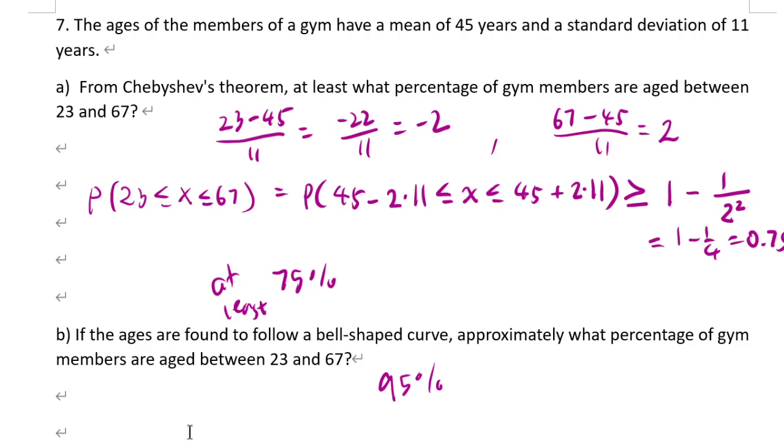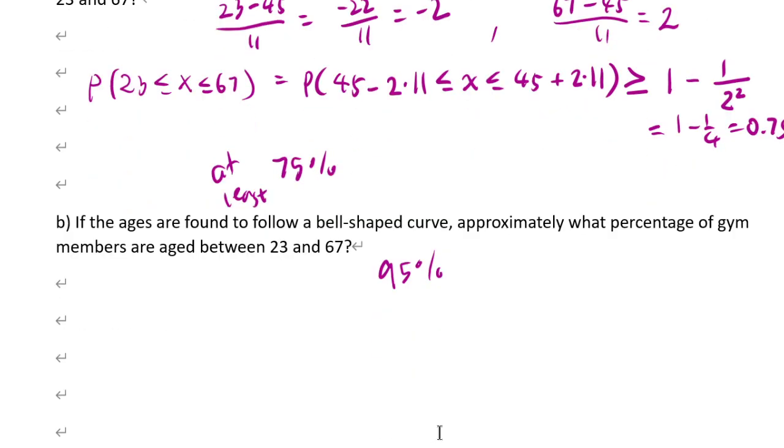If you only look for 1 standard deviation below and above the mean, it's 68%, and 95% of the data will fit between above and below 2 sigmas, and 99.7% of the data will fit between below 3 sigma to above 3 sigma from the mean.